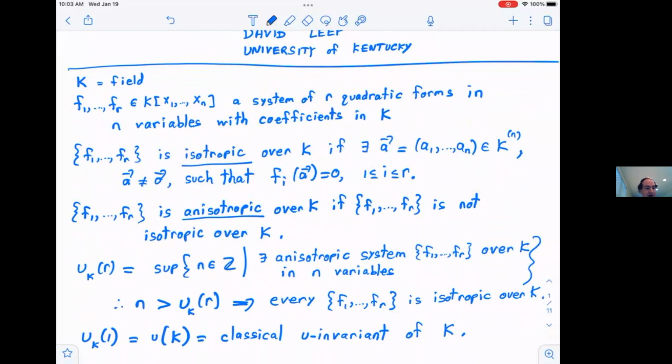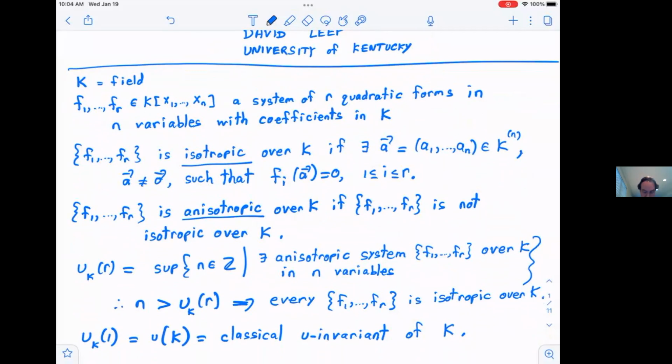So to put this in context, U sub K of 1, so this is a system of 1 quadratic form, corresponds to the classical U invariant of a field K. This has been studied for well over 50 years or more, depending on how you look at things. The U invariant is: if I have enough variables, then 1 quadratic form will have a non-trivial zero.